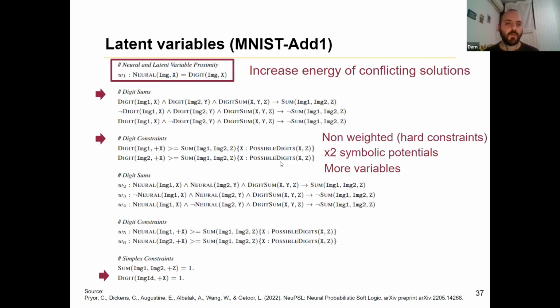In any part of the computation of your program, it can never happen, in this case for example, that image 1 is a digit and it has a higher value than the sum of image 1 and image 2. This has to be true always. Your answer cannot contradict this rule. That's what a hard constraint is.